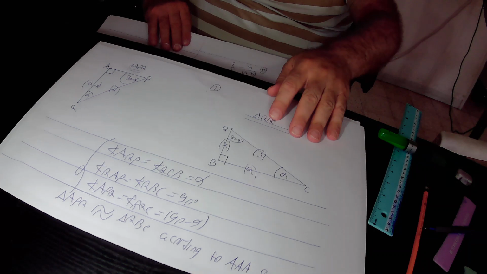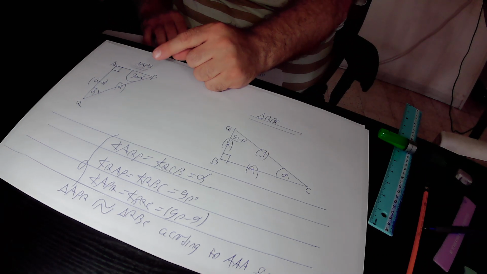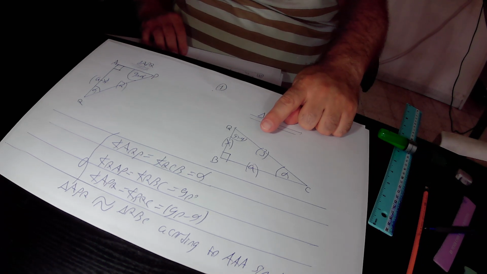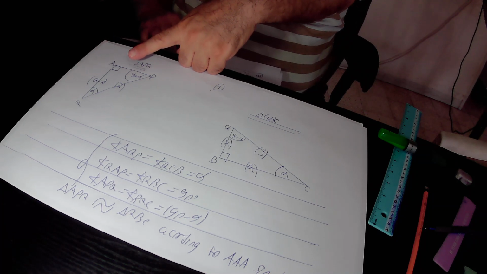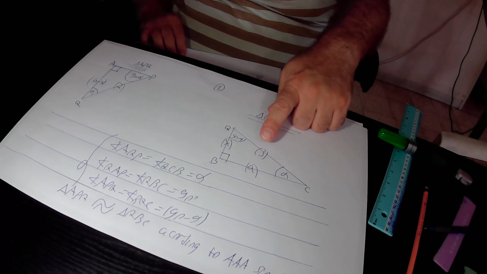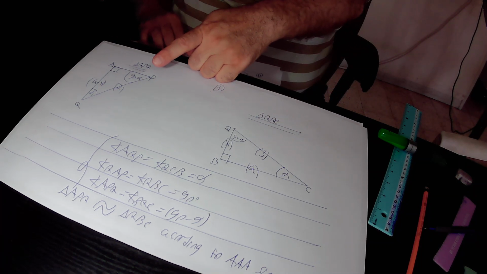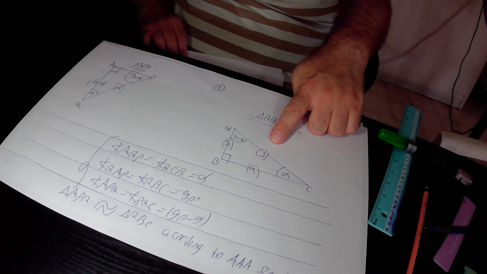We derive that side AP in the right triangle APQ over side QB in the right triangle QBC is equal to side AQ in the right triangle APQ over side BC in the right triangle QBC. And it is also equal to side PQ in the right triangle APQ over side QC in the right triangle QCB.